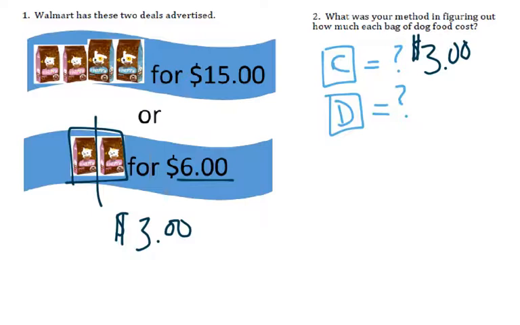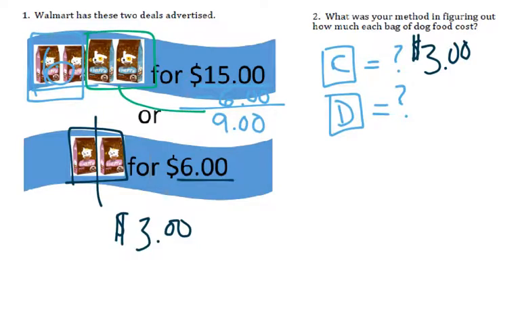Now, once you knew that, you could use that to help you with the other one. You could say, well, here we have 2 bags of cat food, so that's kind of like the $6, right? So if I take the $15 and subtract the 6 from it, what is left over is going to be worth dog food.